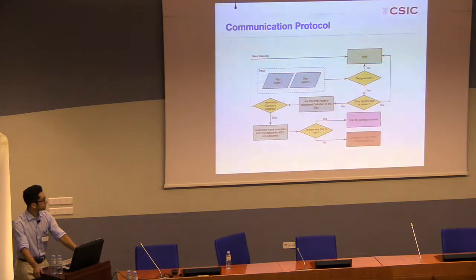They first see if there is a disagreement. If there is no disagreement, of course, they don't try to change any meaning, any concept, anything. But if they have one, they will start to check if the other agent's sign is something not in their contrast set.